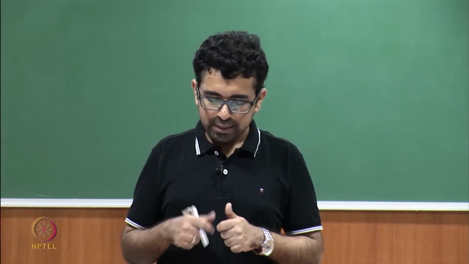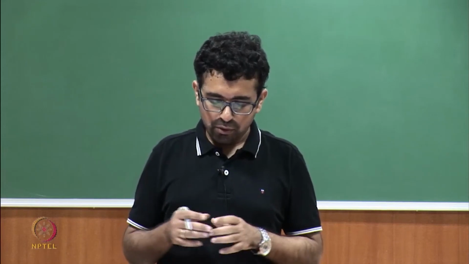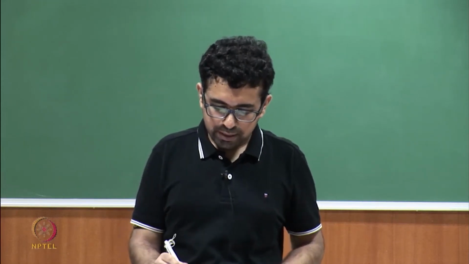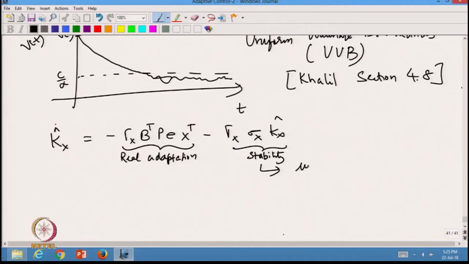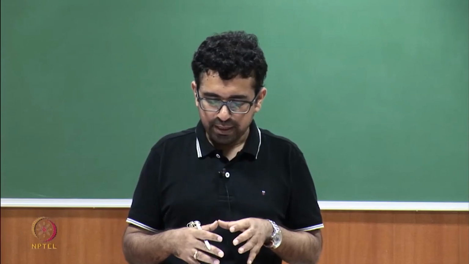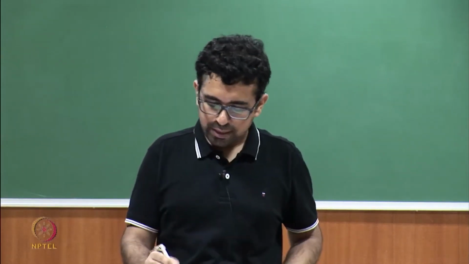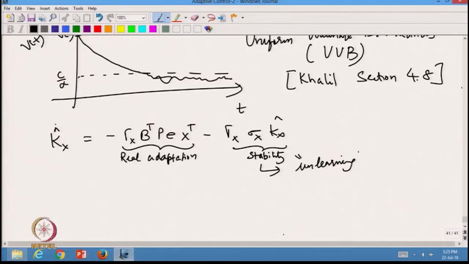So, although it guarantees that we have boundedness, this also leads to unlearning. This term leads to unlearning of whatever k x hat has learned so far, because E becomes very small. This adaptation term has less effect, and k x hat slowly starts to decay to 0. So, this is the unlearning phenomena of k x hat and k r hat.